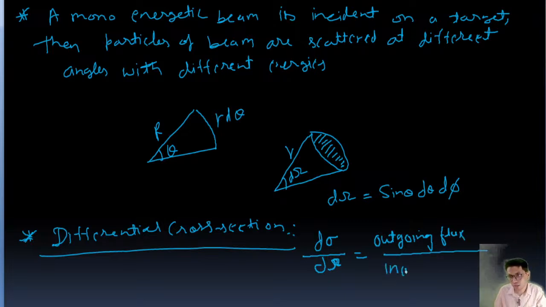So the differential cross section, d sigma upon d omega, is going to be I upon I naught.